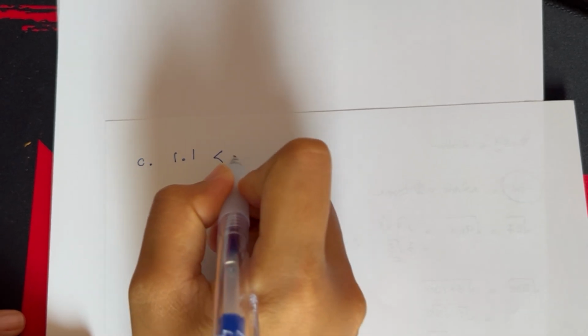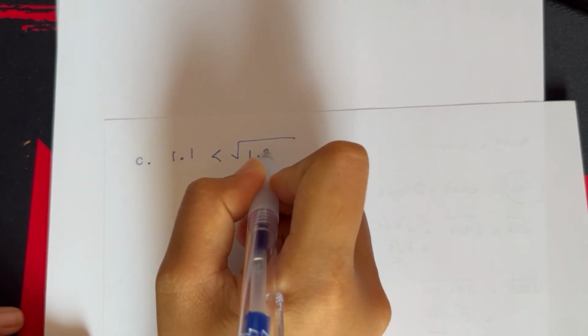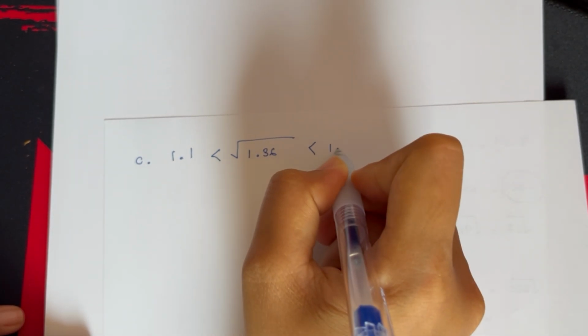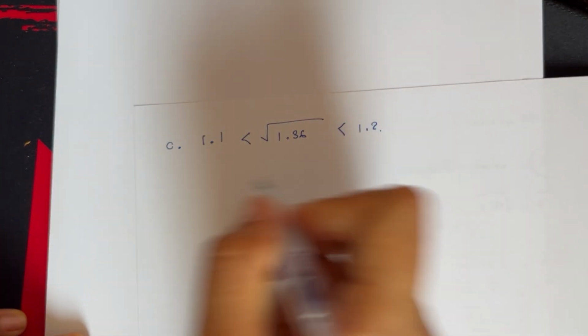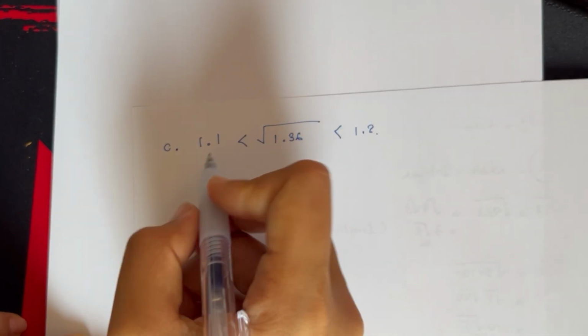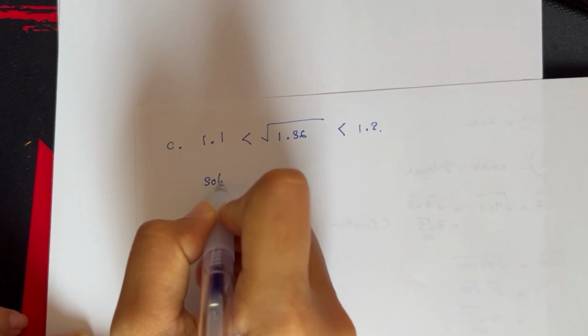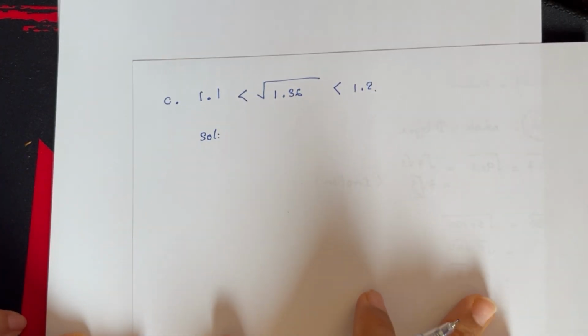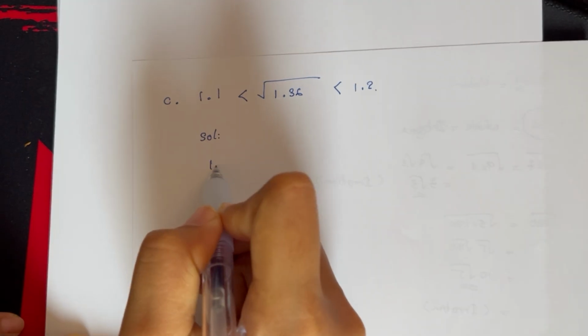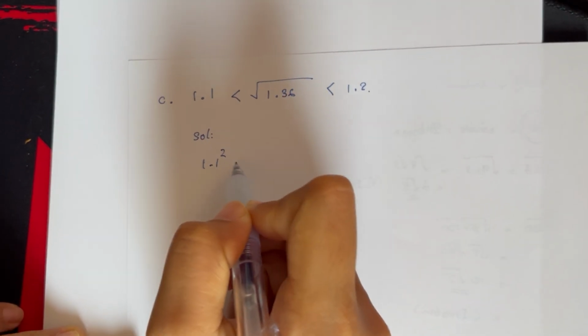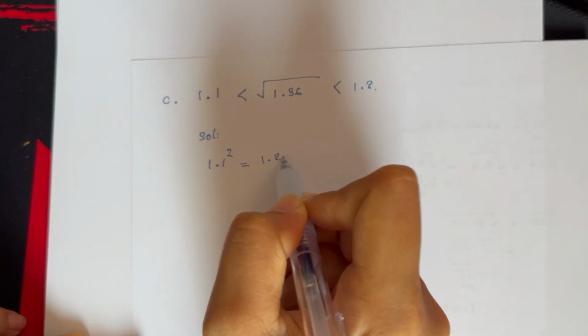And C, 1.1 less than the square root of 1.36 less than 1.2. We have to show this. So we will solve this. Solution. 1.1 squared is equal to 1.21.